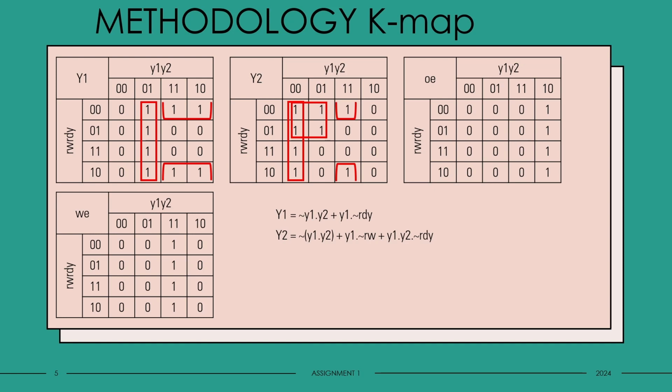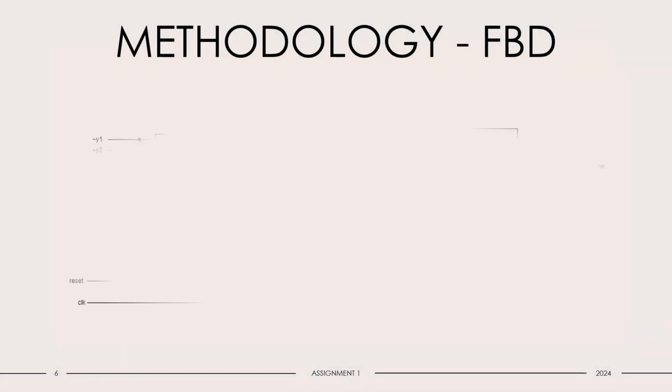For the output OE, there is only one group which results in this equation, Y1 dot Y2 bar. And for the last output WE, still only one group, which results in a much simpler equation, Y1 and Y2. This Boolean equation will result in this circuit.